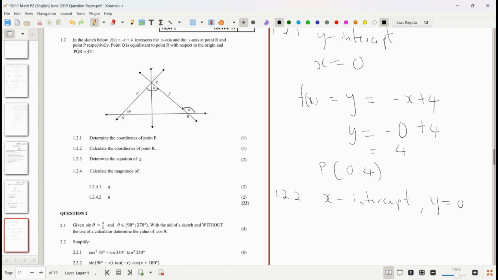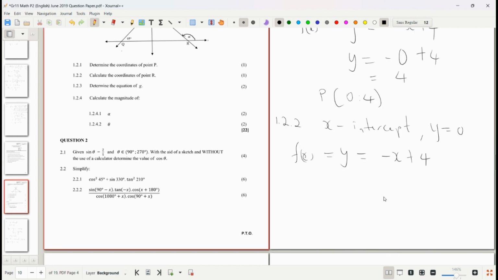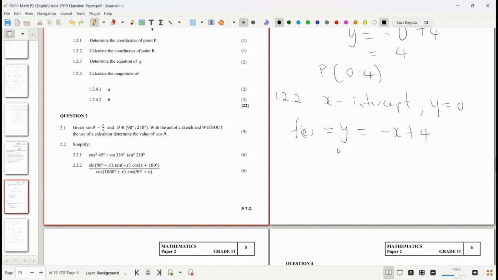So f of x equals y, which equals negative x plus 4. We know that at the x-intercept y equals 0. So this will be 0 equals negative x plus 4.